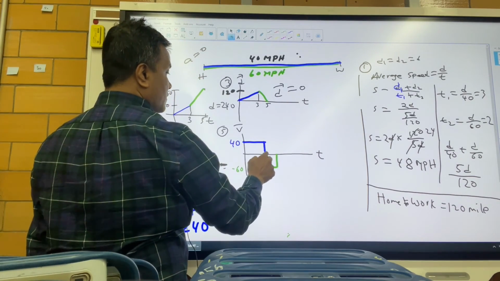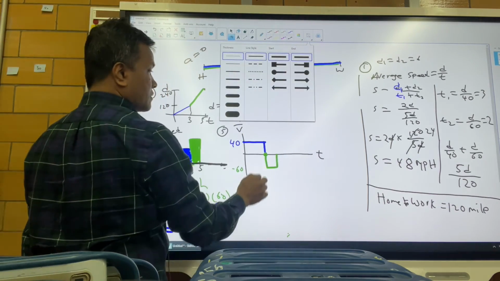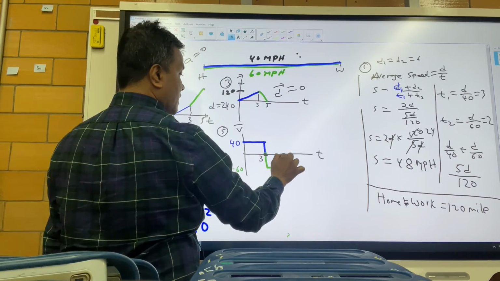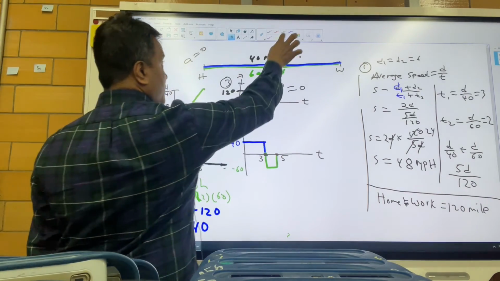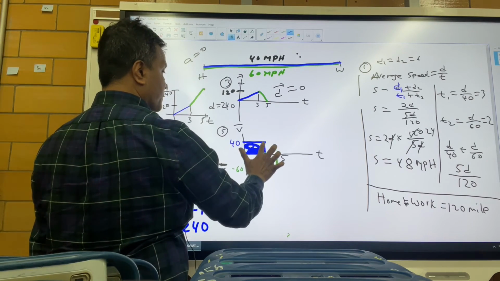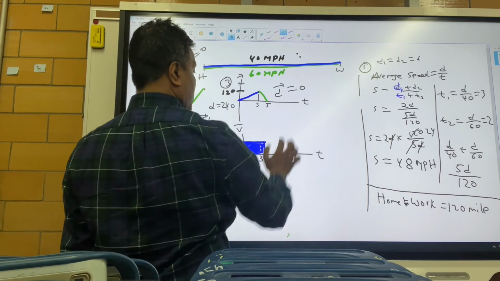And we know right here the time is 3 and the time is 5 over here. So we're going to find the blue, and then we're going to find the green.